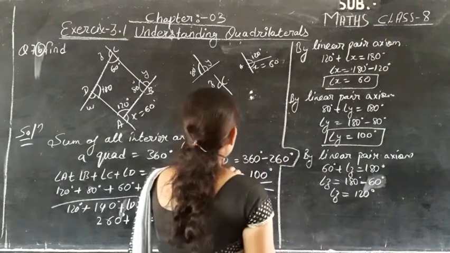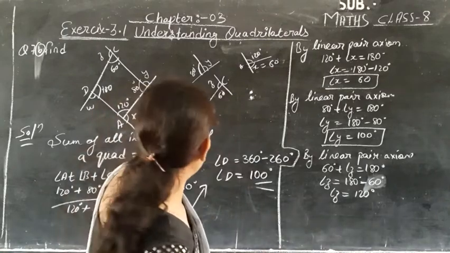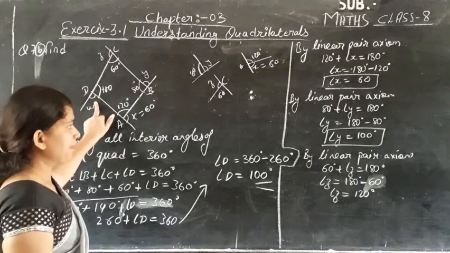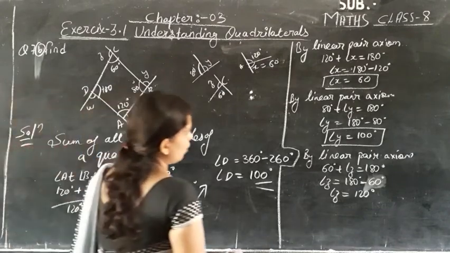Now after this, again we are going to find the fourth part. Again one more part is there here, that is w, isn't it? So look how to find the w.